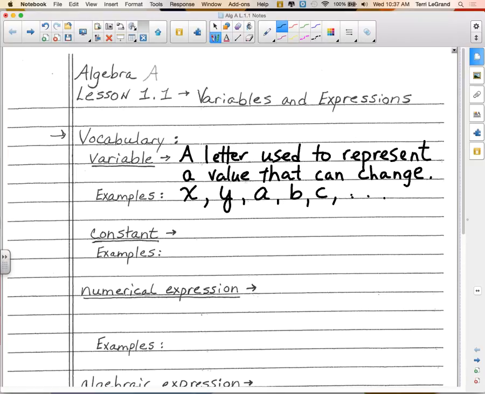And how many letters do we have in the alphabet? 26 of them. But some of them might not be good choices. It doesn't mean that the book doesn't choose to use them sometimes. Like Mrs. Krebs just said, sometimes she chooses a T, but why would T possibly not be such a good one to use? Which number does it look like?